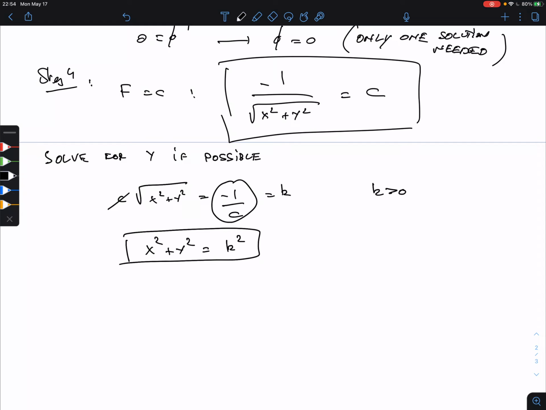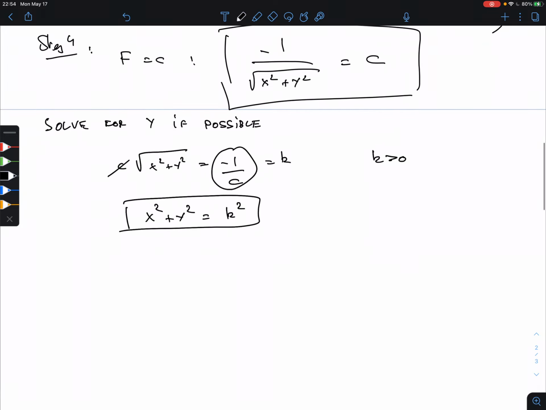So remember, these are the solution curves, and if you would plot, we have a first order equation and we can look at the direction field. If you would make the direction field and take any solution you see, it's all circles. Now you can still solve this further for y, because y squared is k squared minus x squared, and y is plus or minus the square root of that, because there are two possibilities depending on which part of the curve you look at.